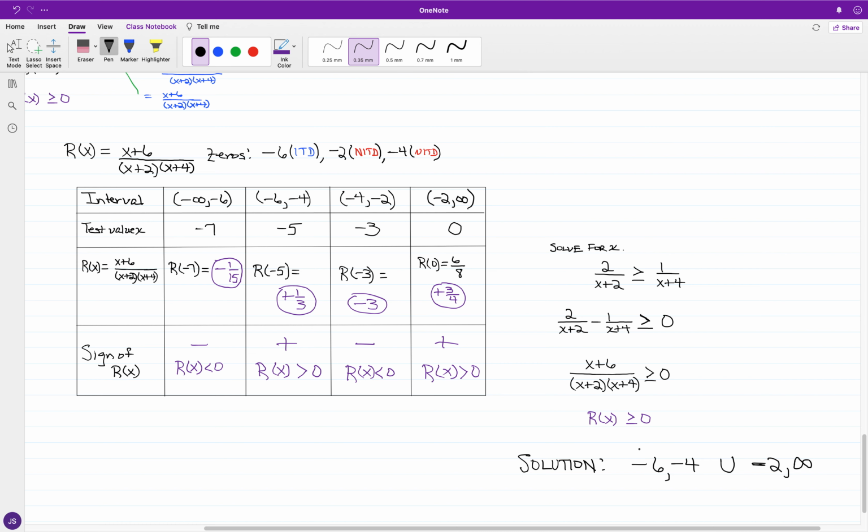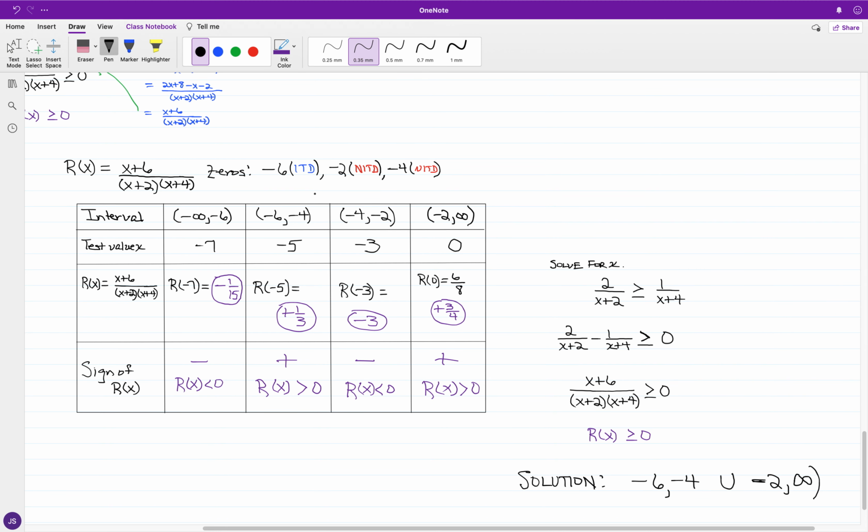Now for enclosing, infinities are balanced, so infinity stays in the parentheses. Now for negative 6, negative 4, and negative 2: negative 6 is in the domain, and this does create the equal to 0 part, so negative 6 is going to be in the bracket, since that value sets the function equal to 0.